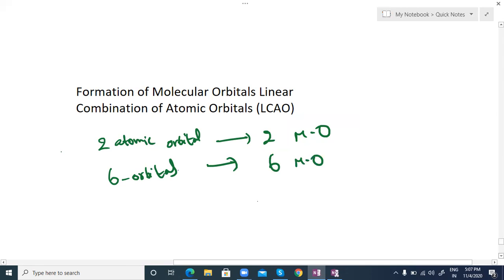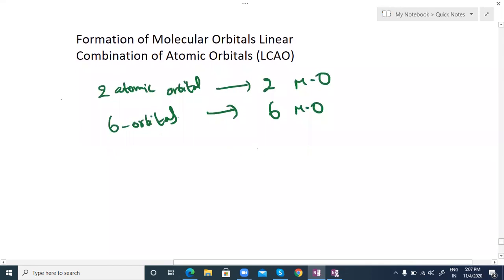I am trying to explain here by using H2 molecule formation. You can assume that this is one HA atom and this is another HB atom. According to the Schrodinger equation, an atomic orbital is represented like a wave.